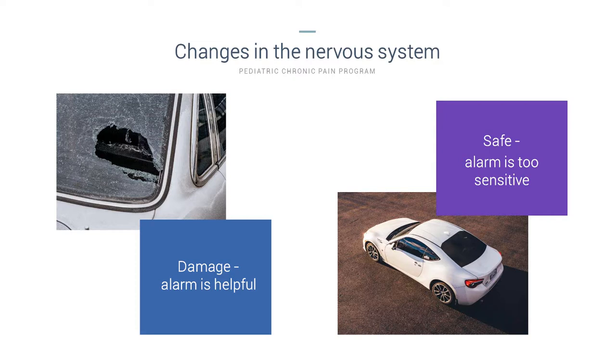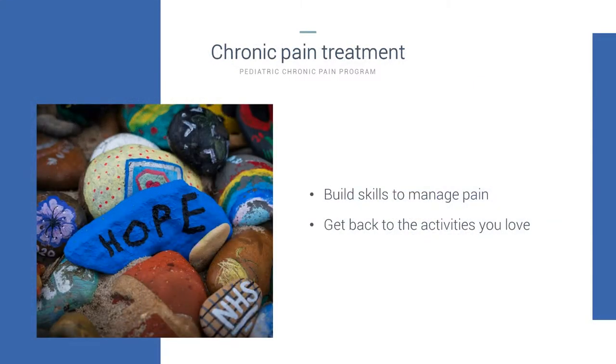But sometimes, a car alarm will go off when there are no signs of danger, such as the gentle brush of someone going by. Treatment for chronic pain is very different than acute pain, where rest and medicine are often very helpful. In chronic pain, treatment is focused on getting back to doing the activities you love, using various skills and strategies so that pain does not interfere.